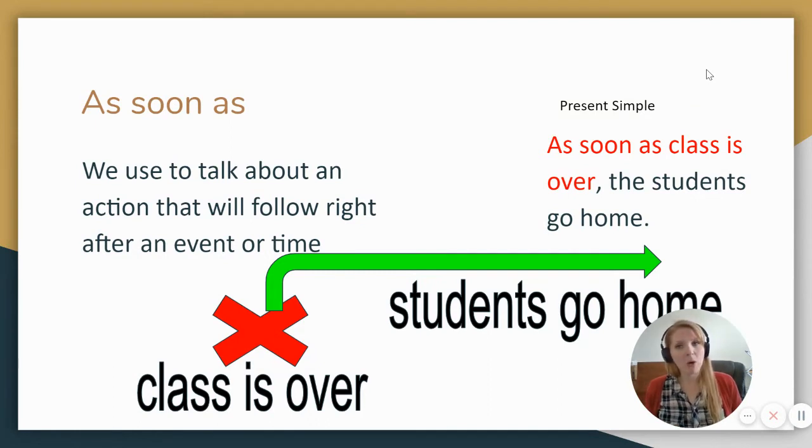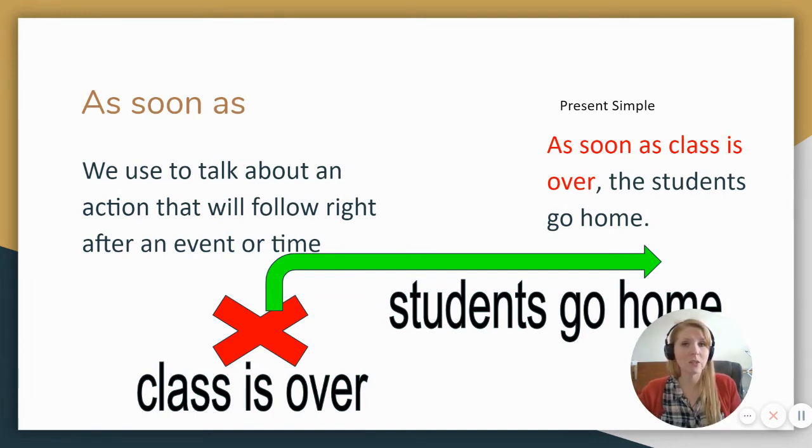Okay, what about as soon as? When do we use as soon as? We use as soon as to talk about something that comes after an event or a time. Okay, so the as soon as is like an action, and then what happens after that action? Okay, so let's look at this example in present simple or simple present.